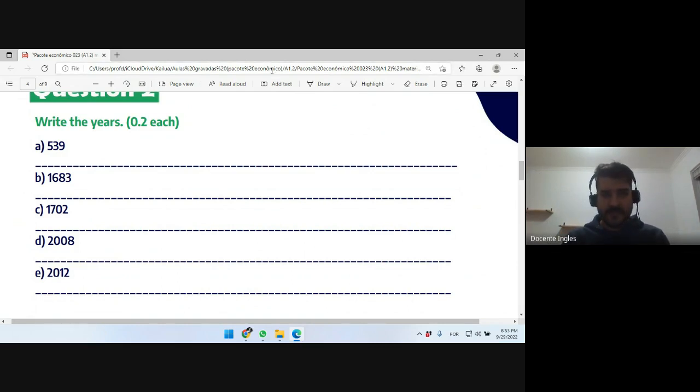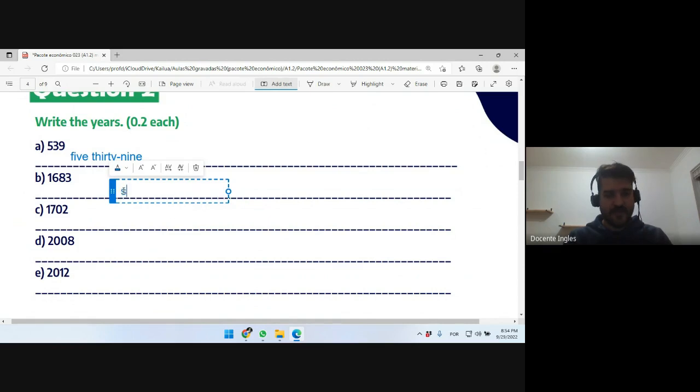Let's correct. So when we write the years, we usually divide in 2 parts. So in letter A, we have 5, 39. In letter B, we divide 2 and 2.